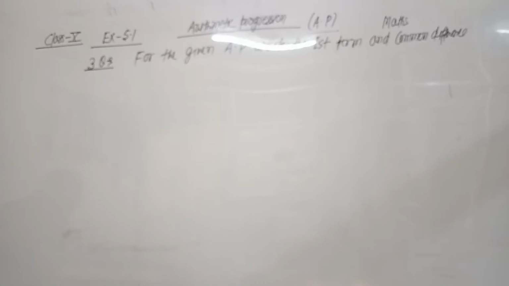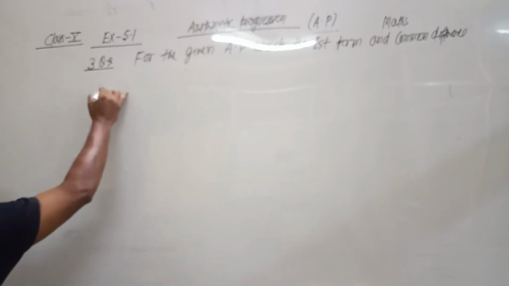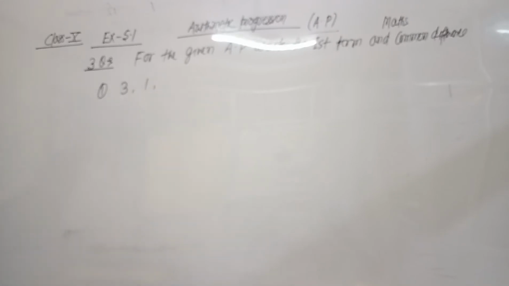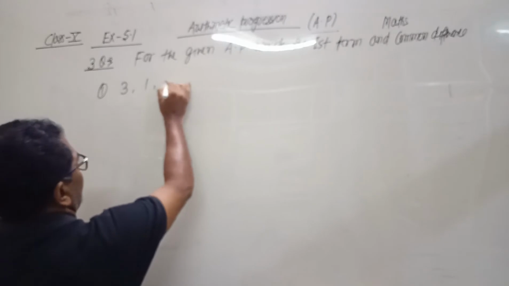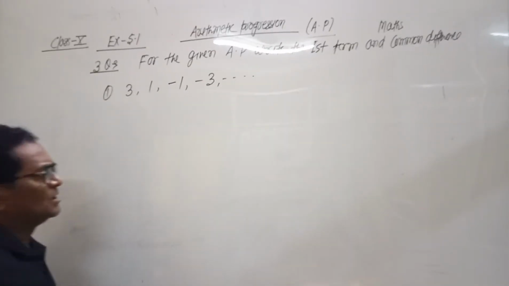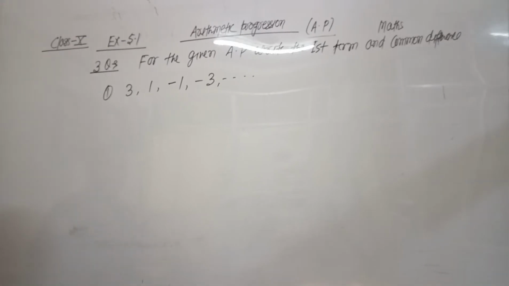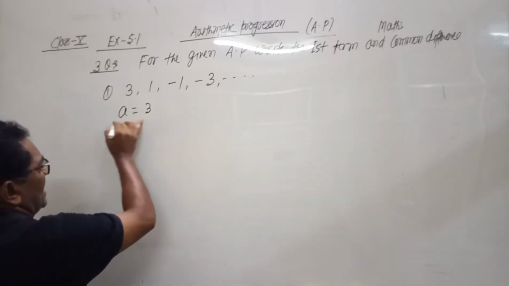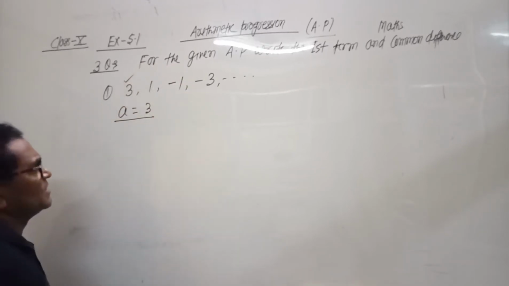The first part is 3, 1, minus 1, minus 3, and so on. So we have to find the first term. The first term is given by A, and A equals 3. This is the first term.